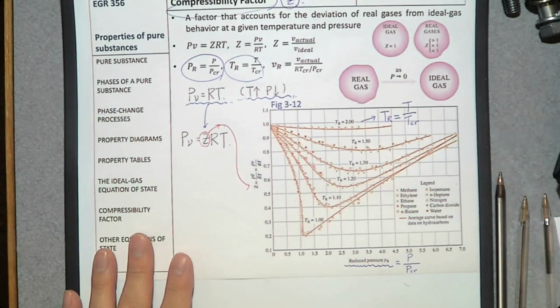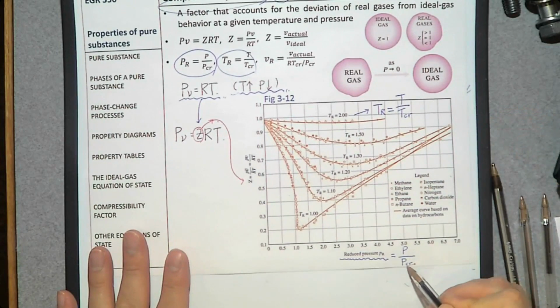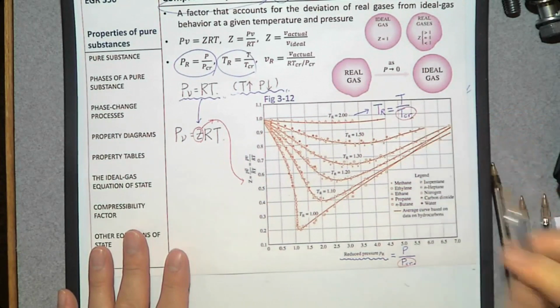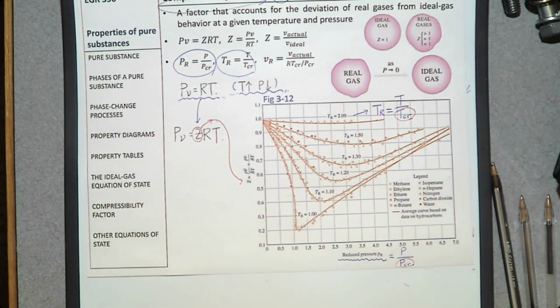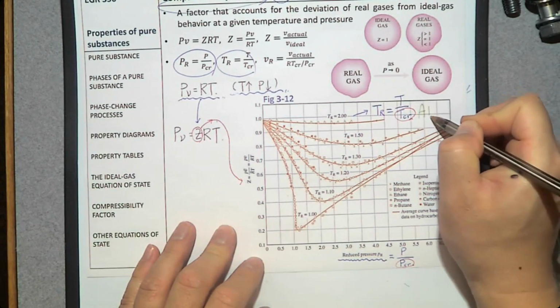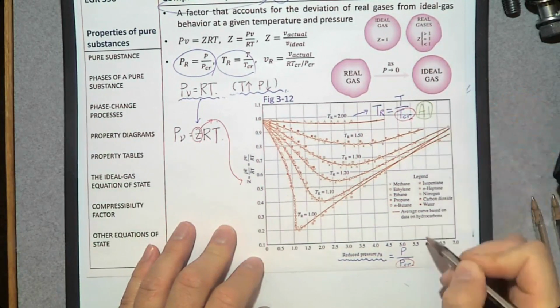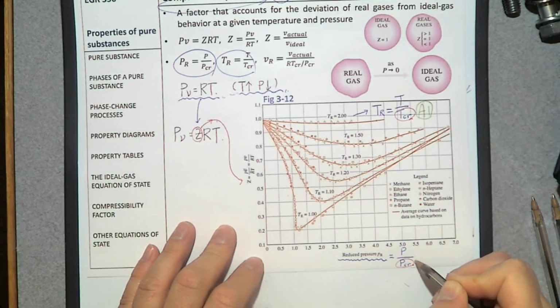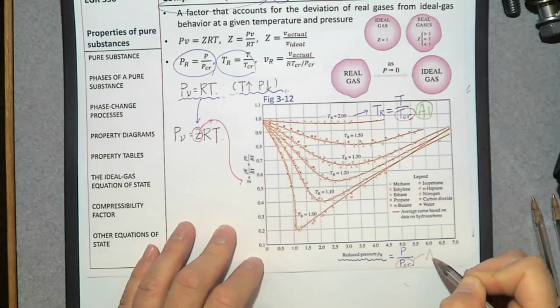Then, where can we find this critical pressure and critical temperature? We can go to table A1 to determine critical pressure and critical temperature.